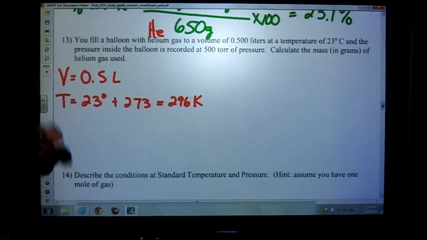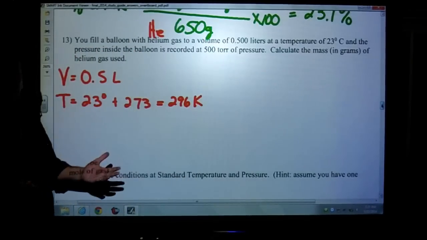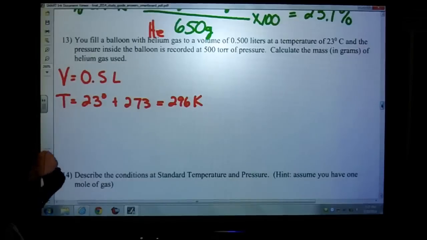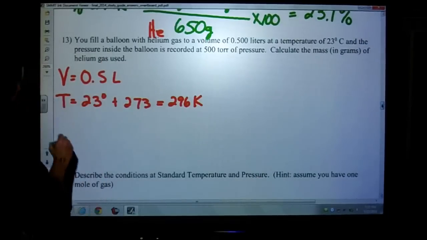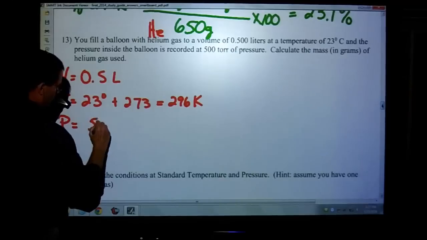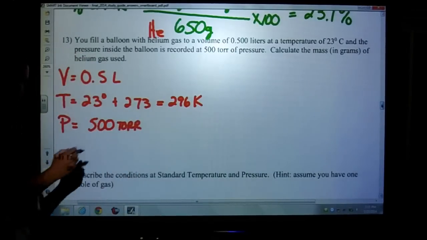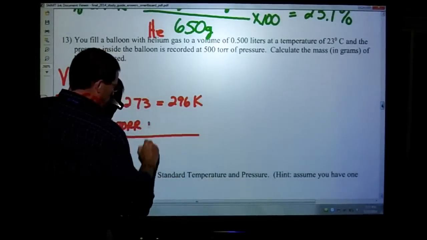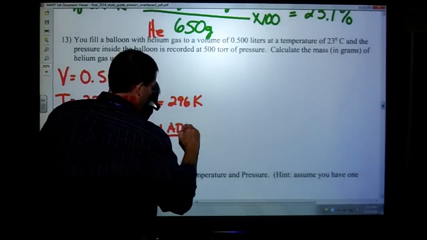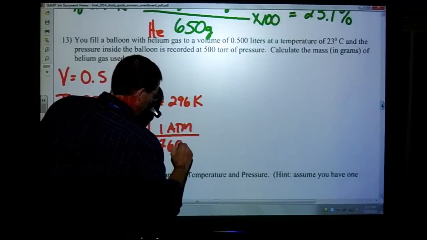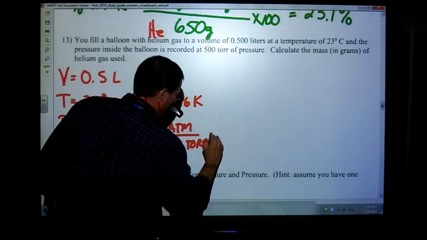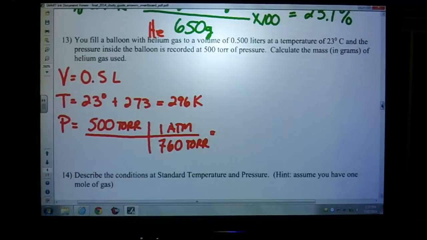Always convert your temperature into Kelvin scale. And the pressure inside was recorded at 500 torr. So I'm going to convert that into atmospheres. And there's a neat little conversion that you may have noticed, that 760 torr equals 1 atmosphere of pressure.